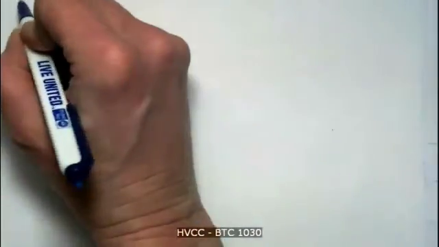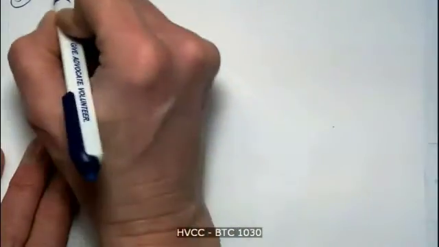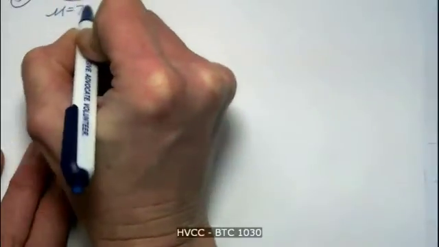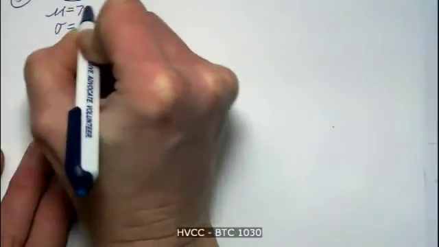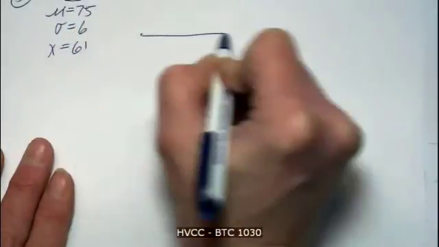Move on to 5. What percent of the factory workers assemble the part in exactly 61 seconds? Exactly 61. Given mu equals 75, standard deviation of 6, X is exactly 61.